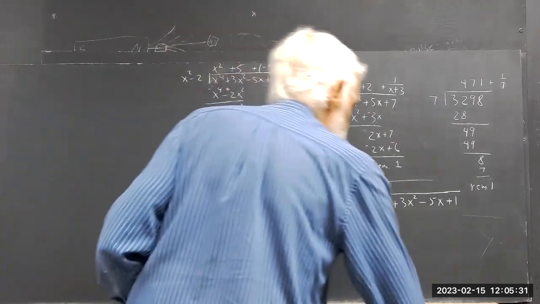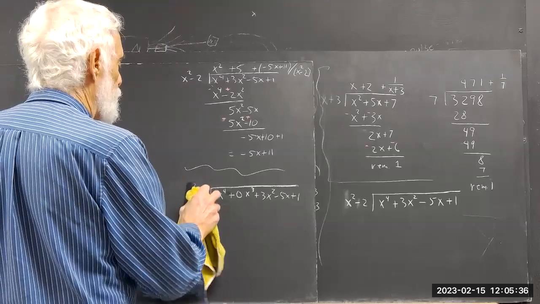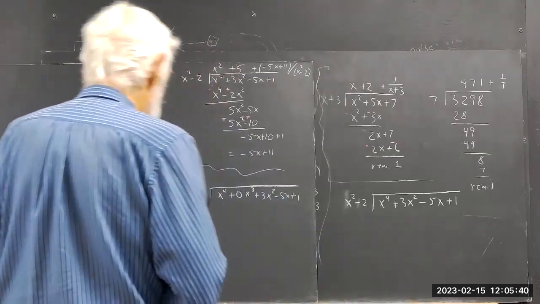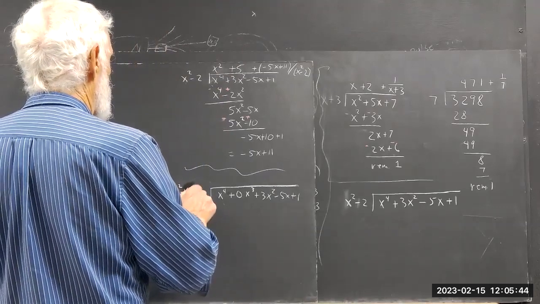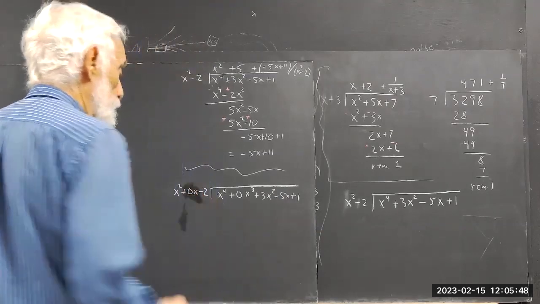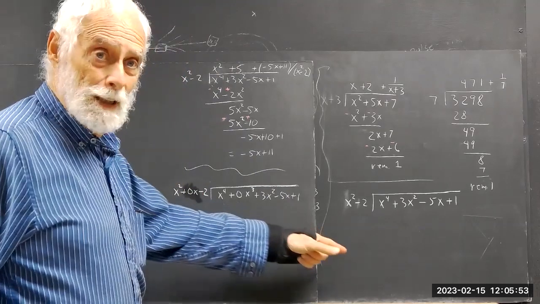But then what I want to do is do the same thing with the x squared -2. So I'm going to write that as x squared plus 0x -2. Then I'm not missing any gaps.